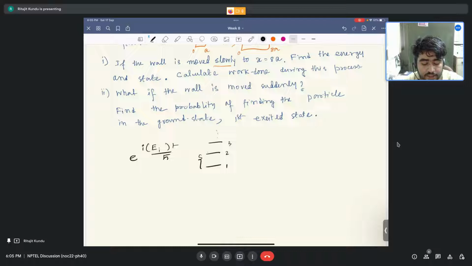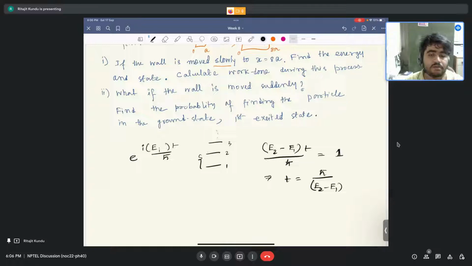So E2 minus E1 times t by h bar is of the order of 1. We just want to get the scale, to find the time so that the transition happens between these two states. So this time is given by h bar by E2 minus E1. This is the typical time so that a transition can happen between, let's say, state 1 and state 2.